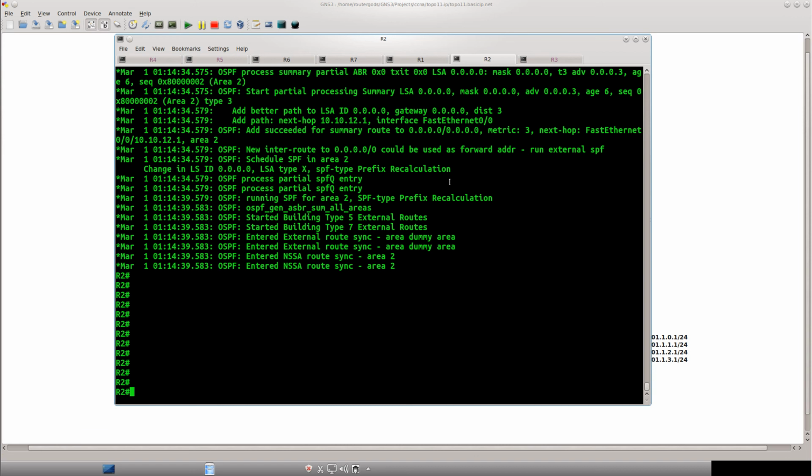So if your area 2 is on a satellite connection in a war zone in the middle of Iraq, you are happy because you don't need to know about all the network outages in Europe or US or anything like that. You're happy. Your link doesn't need to come up.